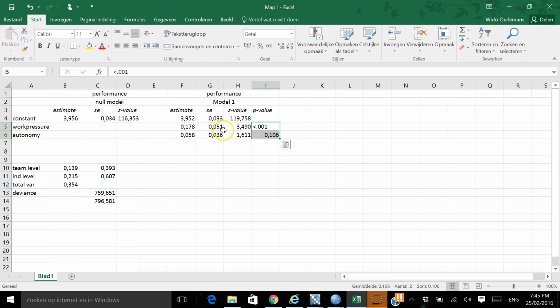If this would be hypothesis 1, okay? He doesn't recognize this as a value, so we just enter 001, okay?